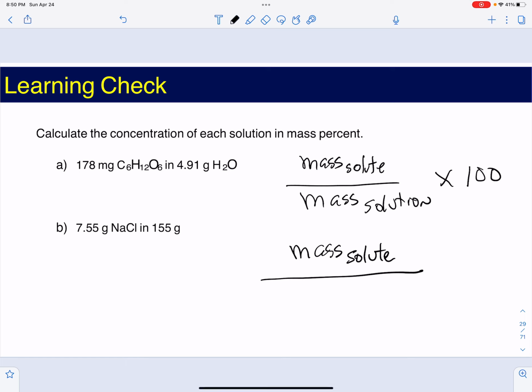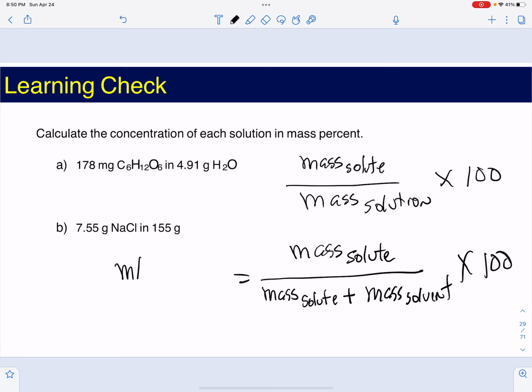divided by the mass of the solution, but the mass of the solution is nothing more than the mixture, right? Which is nothing more than the mass of the solute once more, combined with the mass of the solvent, what you're using to dissolve. All of this multiplied by 100. And this is what we call the mass percentage.